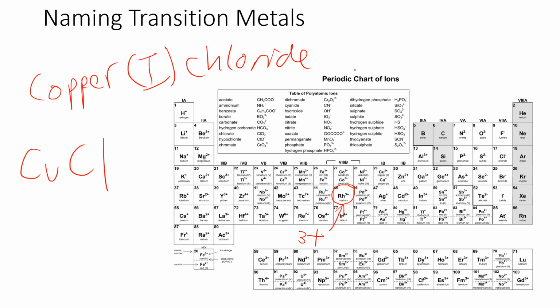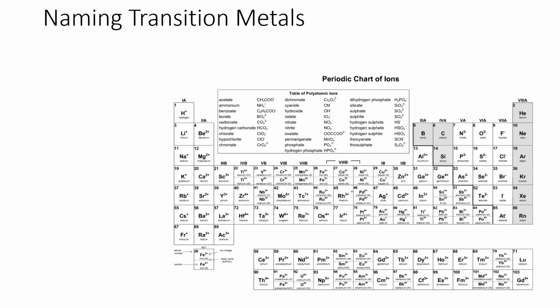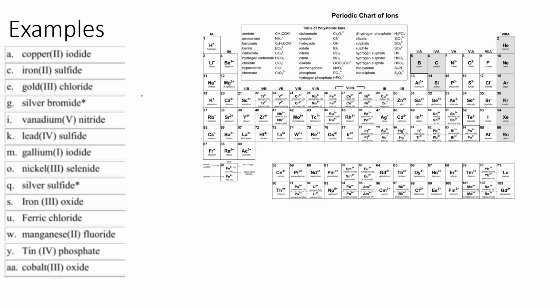But for example, iron we would have to have the brackets and the Roman numerals, let's say iron 3, because iron can exist as iron 3 or iron 2, but rhodium only exists as rhodium 3 plus. So you only need to do the brackets when you have an element that can have different charges, basically. Okay, let's do some examples.